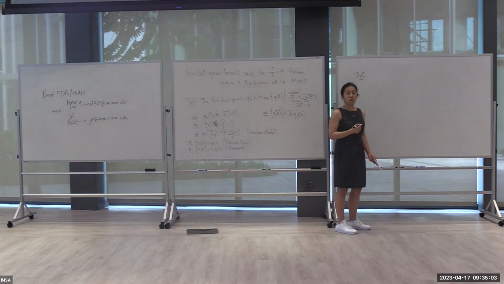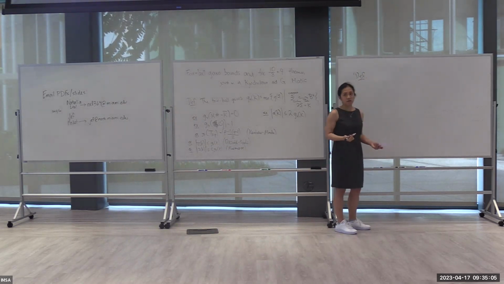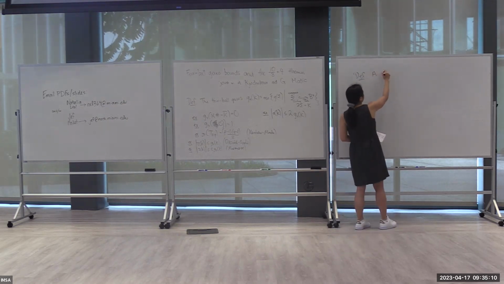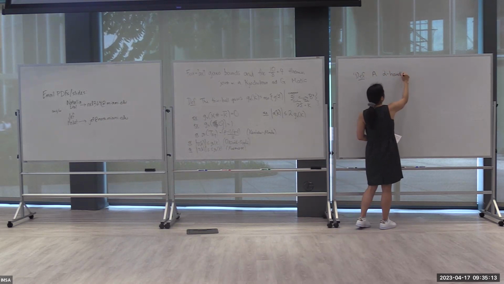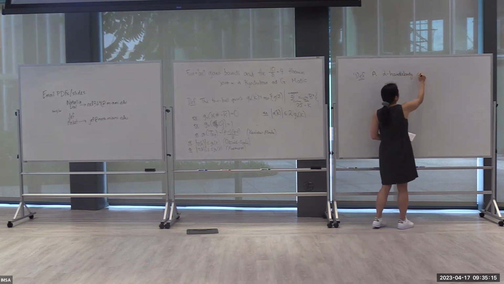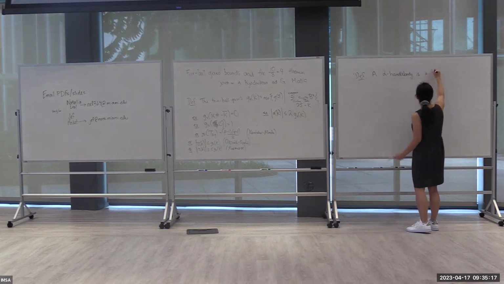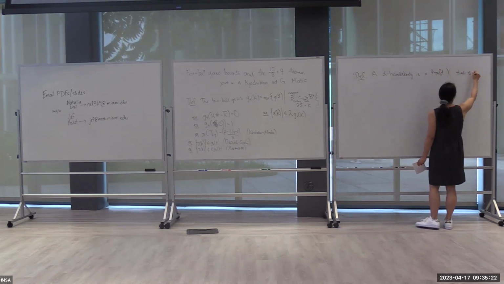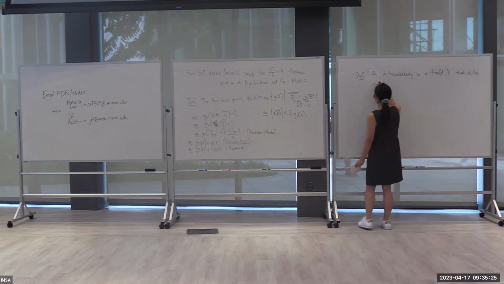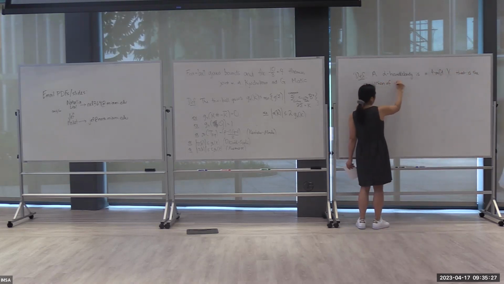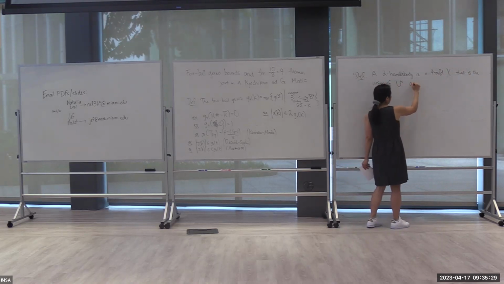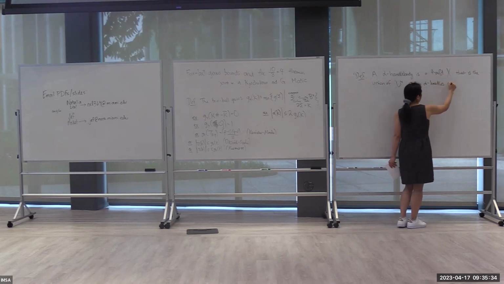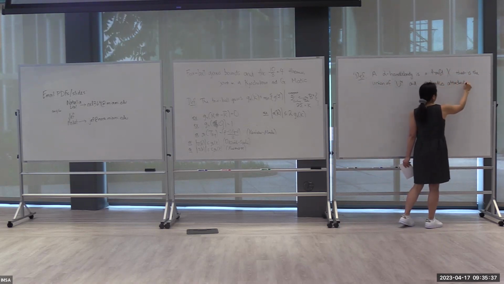In the talk, when I say two-handlebody, I mean a four-manifold that's the union of a four-ball with some two-handles attached.